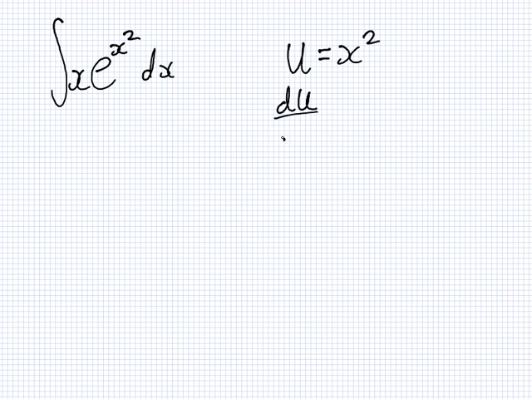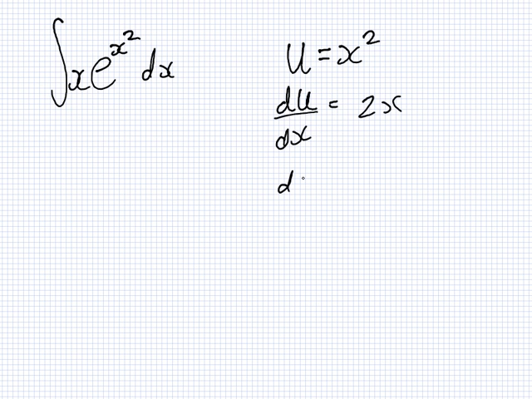So let's say you want to integrate the one I had a moment ago, e^(x squared) dx. What do you think you could make u equal to here? x squared, yes, very good. So what does du dx equal? 2x.